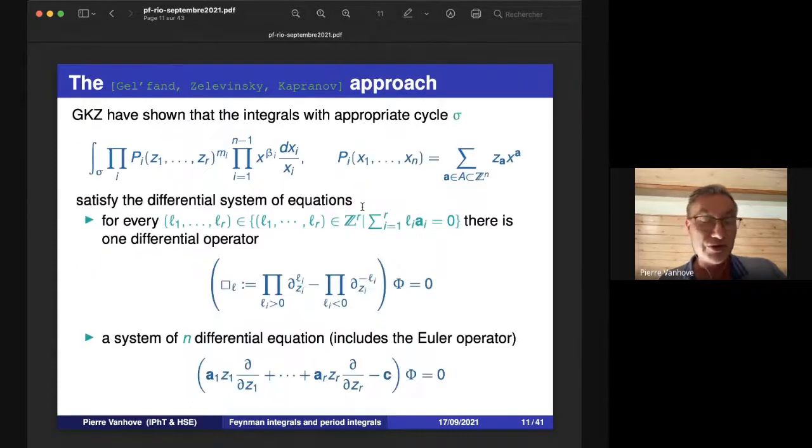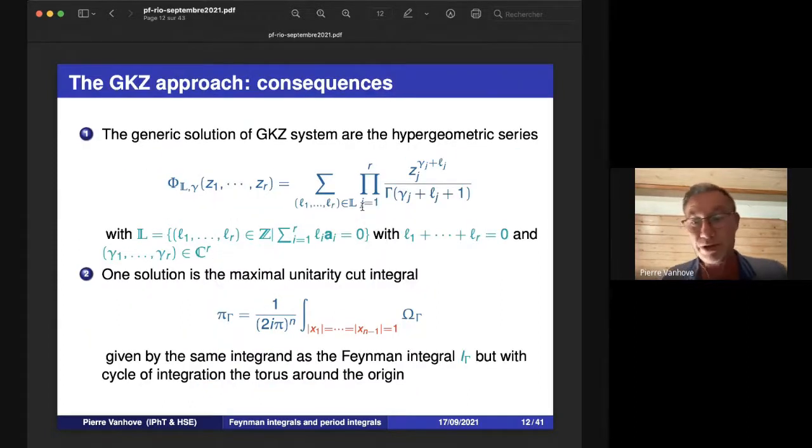So in a sense, this was already noticed by Gelfand himself a long time ago, and Gelfand and Kapranov, and so they knew that what they were doing was linked to actually evaluating the Feynman integrals in parametric representation.